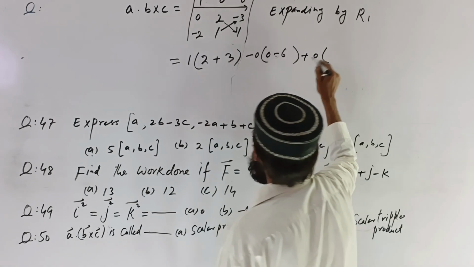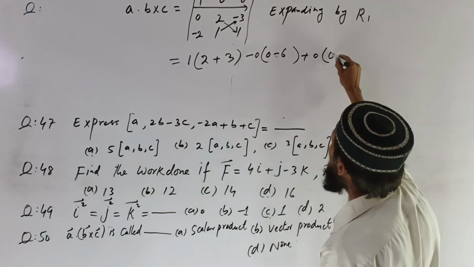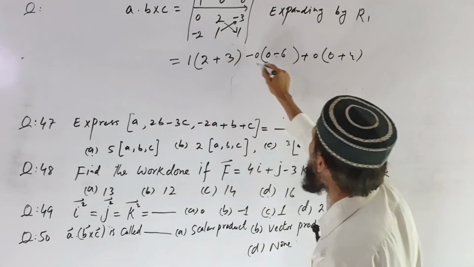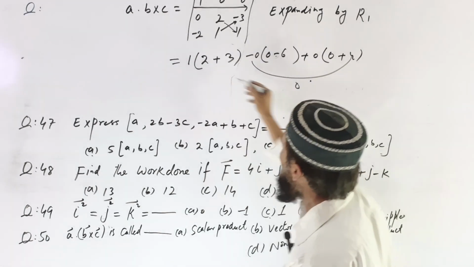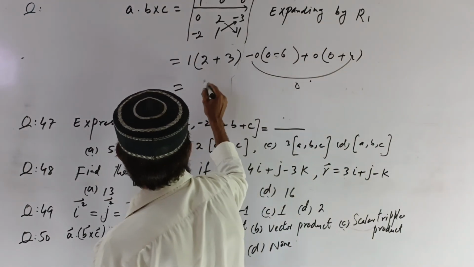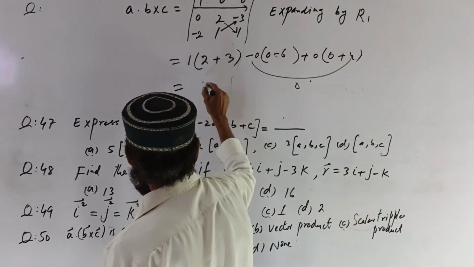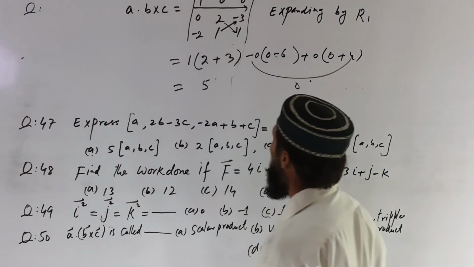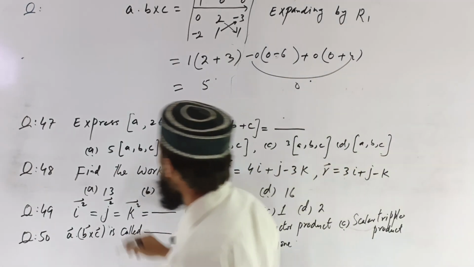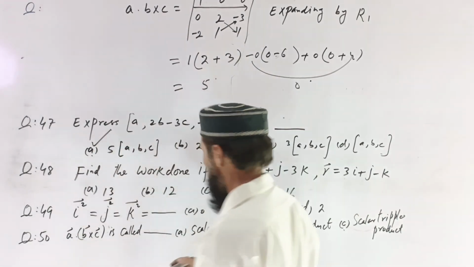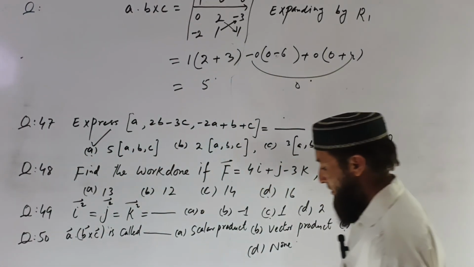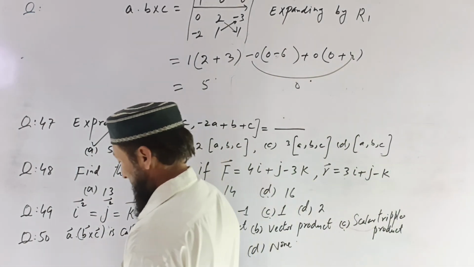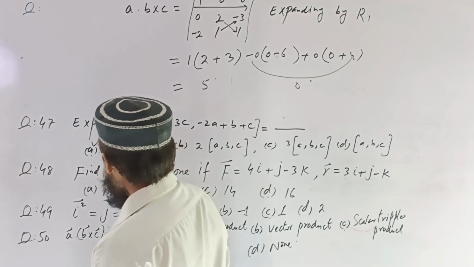This gives a result of 5. If we change this result into the form of A plus B, the correct answer is A.